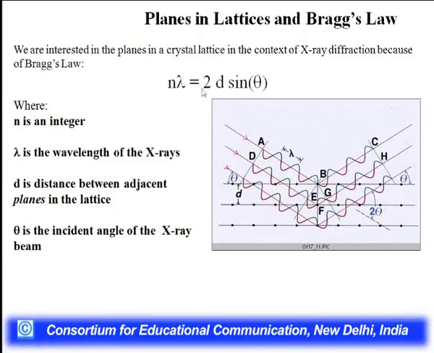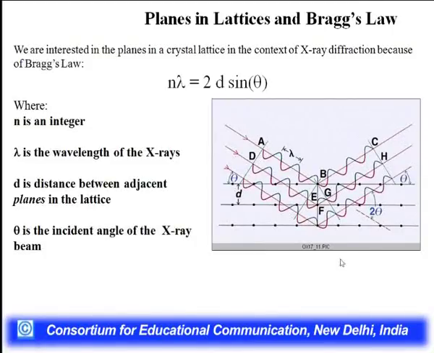Here we see in the diagram that the X-ray beam is falling upon a lattice in which the planes are parallelly spaced. The light from the X-ray falls upon the crystal lattice, or we can say at a crystal point, and from here it is reflected.